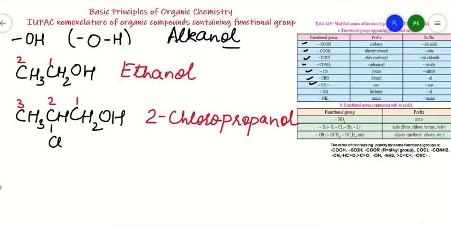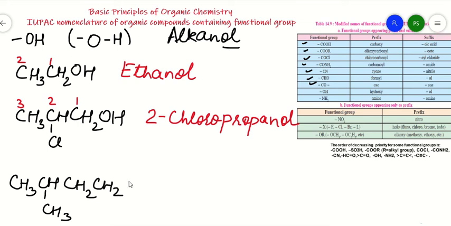Let's take one more example, and this is an example where you are seeing on the third carbon atom there is an alkyl group.